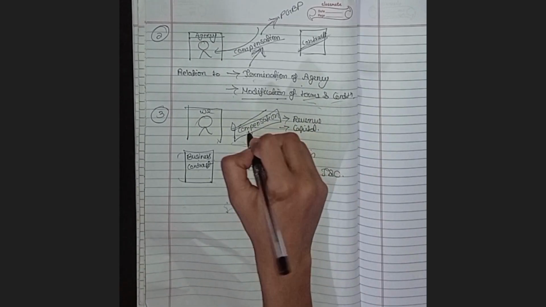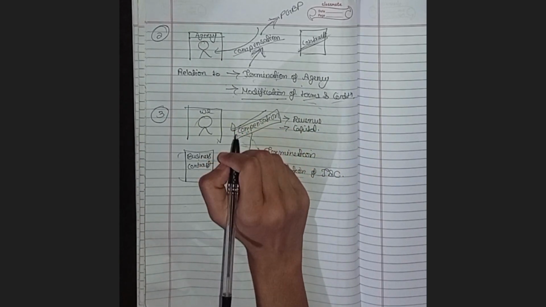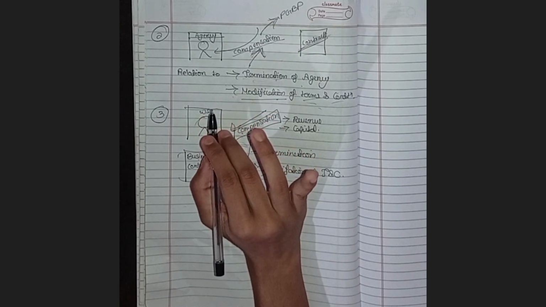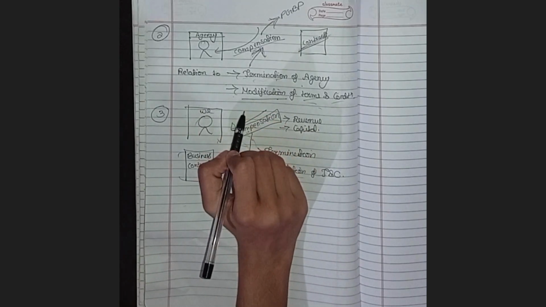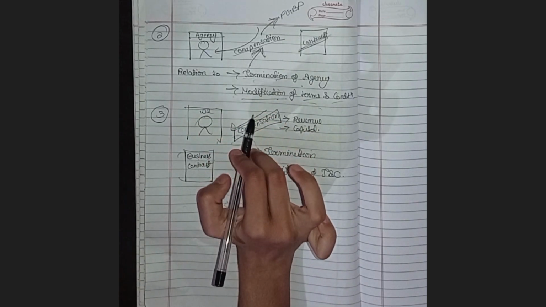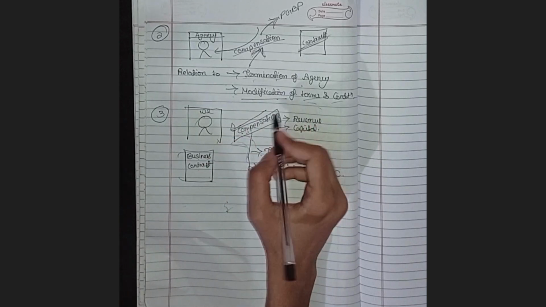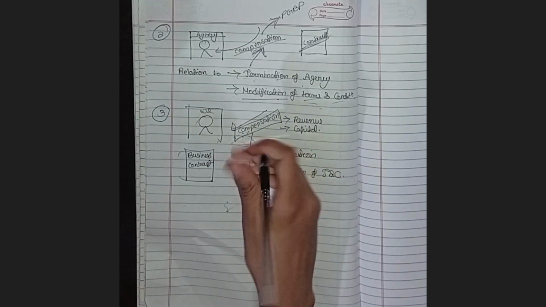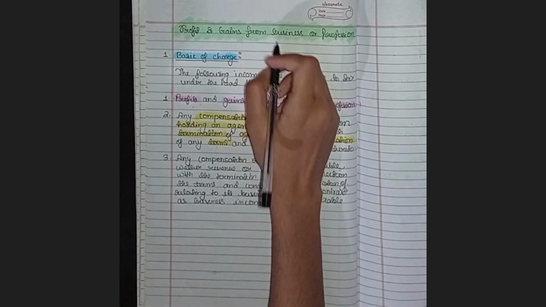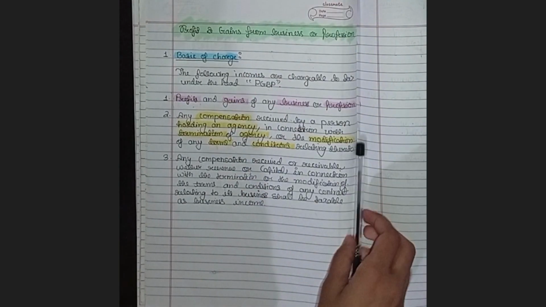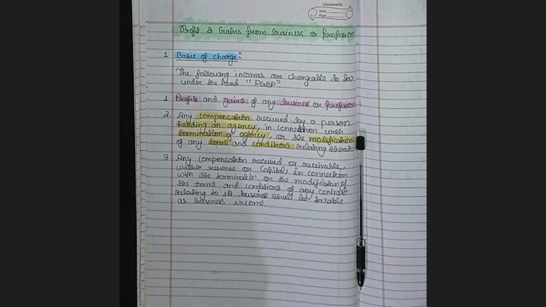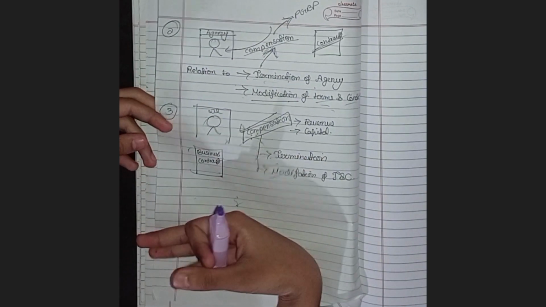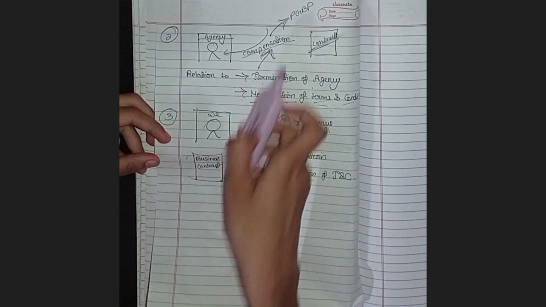So where would this compensation be chargeable to tax? In what head of the Income Tax Act 1961? It would be chargeable under PGBP, because it is related to our business.